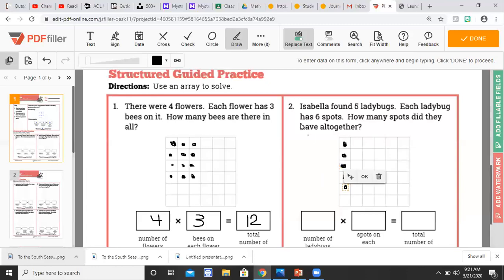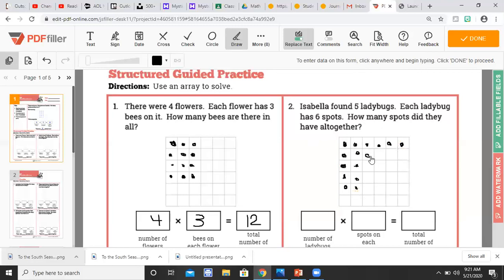And then we know that each ladybug has 6 spots. So that's 1, 2, 3, 4, 5, 6. And I'm just going to go ahead and complete the array.